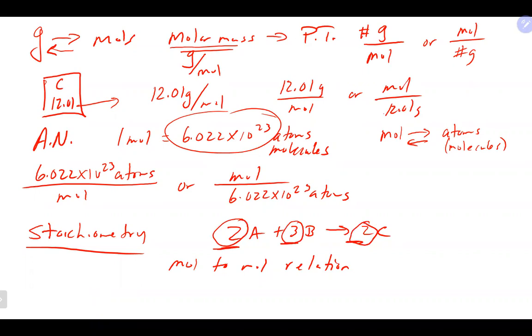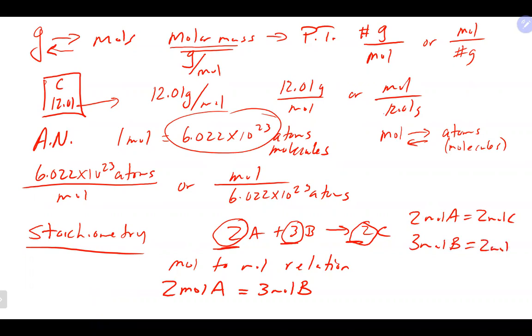So nothing really to calculate other than you're just going to pull the numbers out. For example, we could say for every 2 moles of A we put in there, 3 moles of B needs to go in with it. We could say for every 2 moles of A we toss in there, we get 2 moles of C out. And for every 3 moles of B, we get 2 moles of C out.